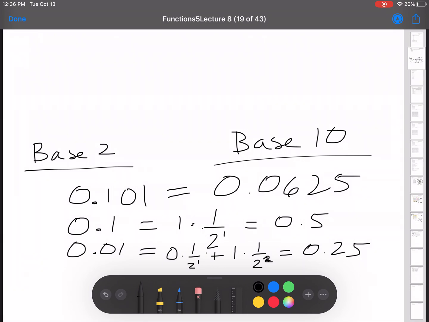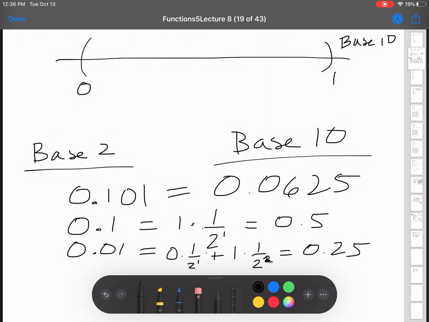Okay, so let's say we have an interval of real numbers between 0 and 1, in base 10. 5/8 is a little bigger than 4/8.